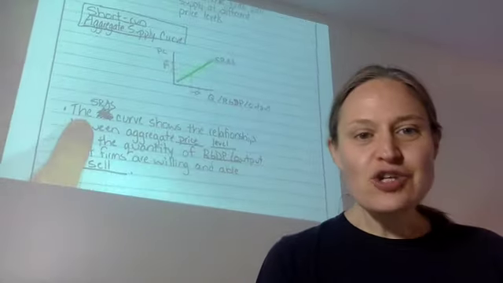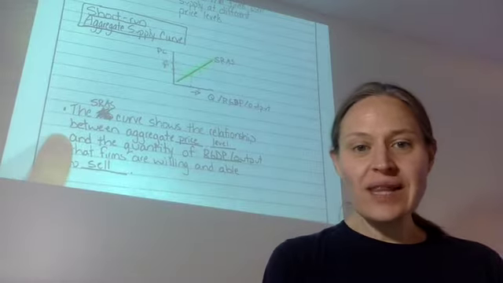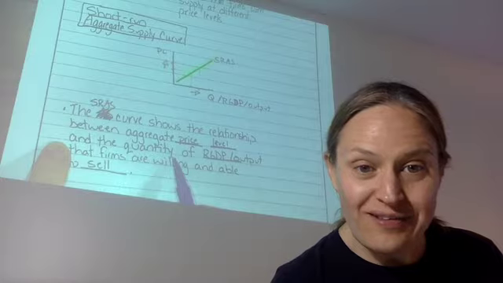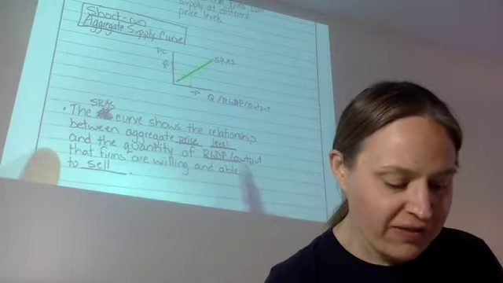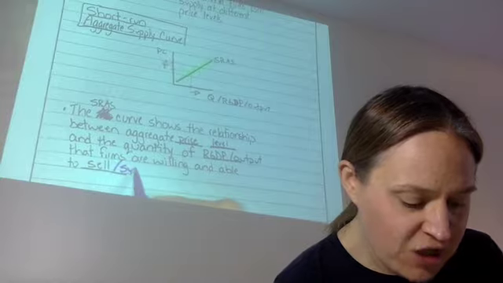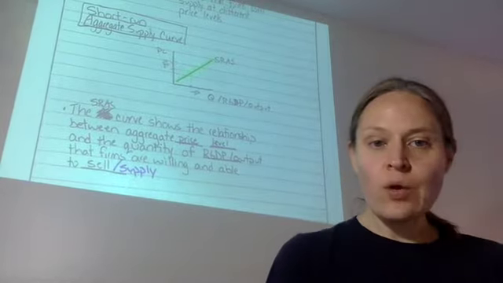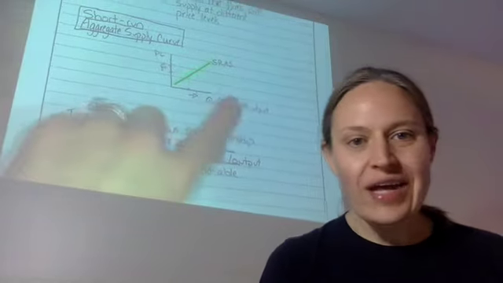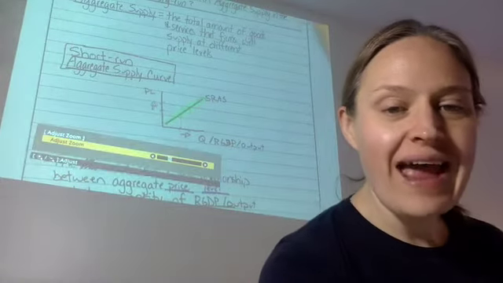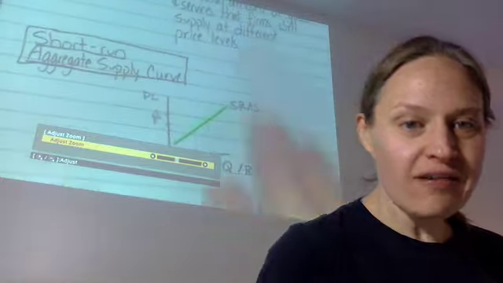And the short run aggregate supply curve shows the relationship between the price level and the quantity of real GDP or output that firms are willing and able to sell. Let's add there, quantity supplied. Okay, and if we look at this line, it tells us a story. It has some information for us.